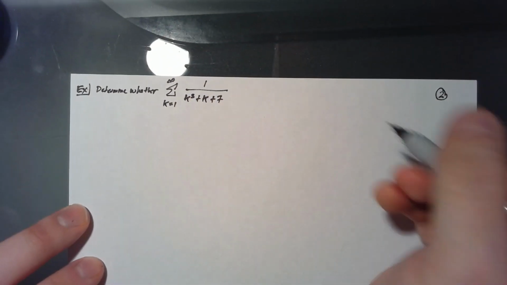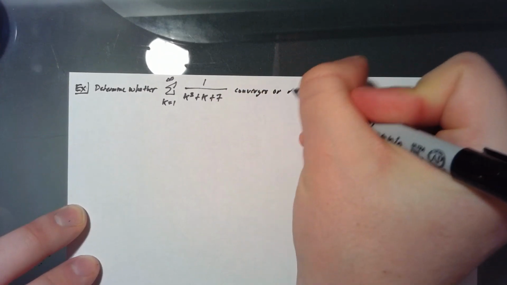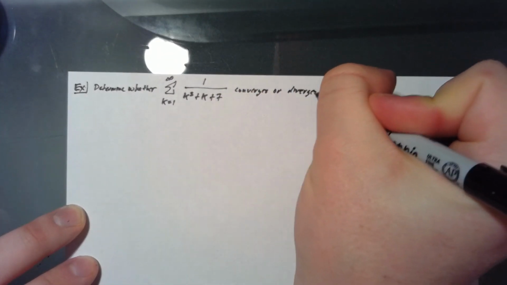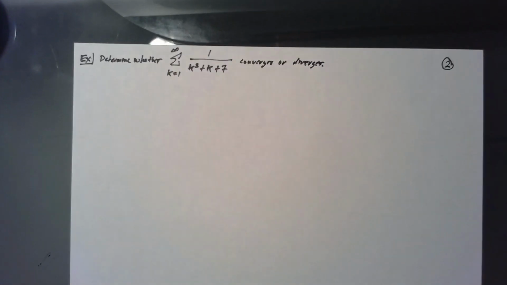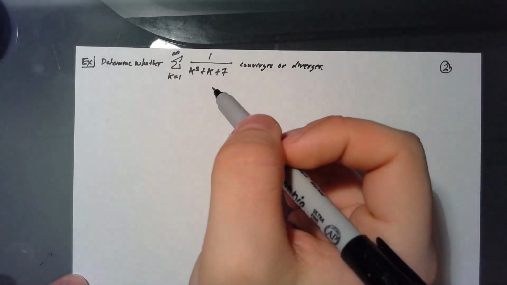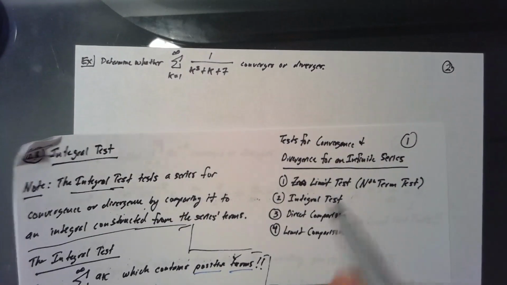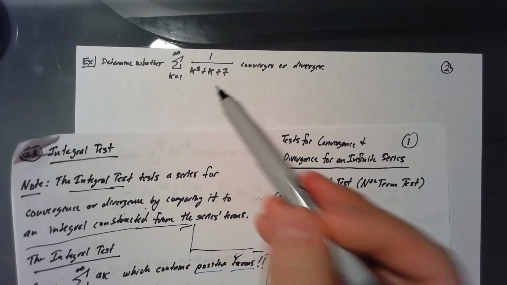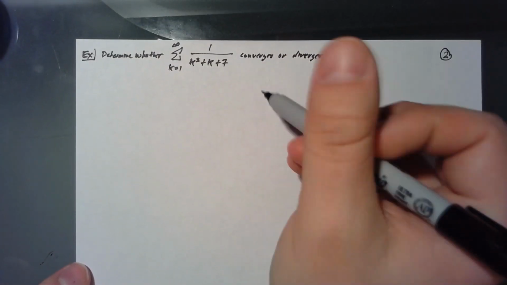Determine whether that converges or diverges. All right. Now, what's the first test we learned? The zero limit test. If you did that here, you should see pretty easily that that goes to 0, which means it doesn't work.